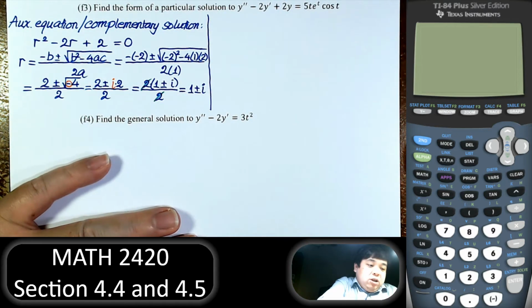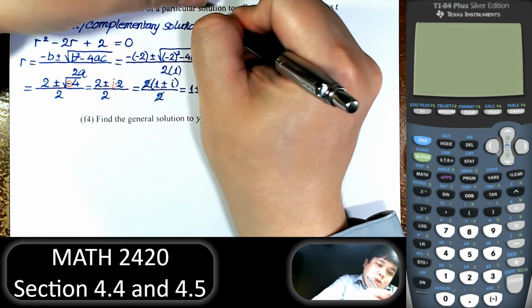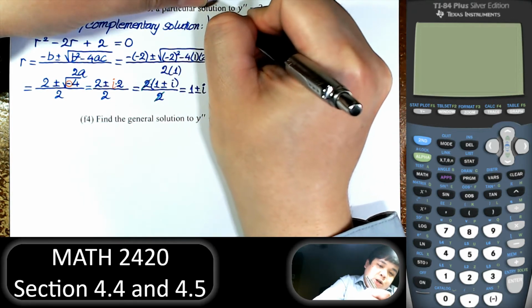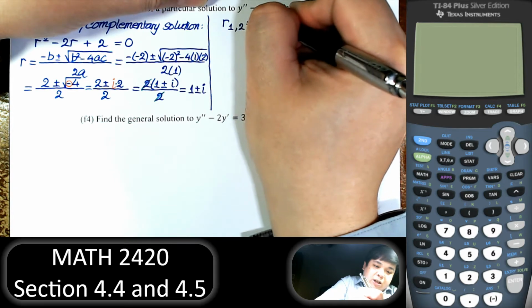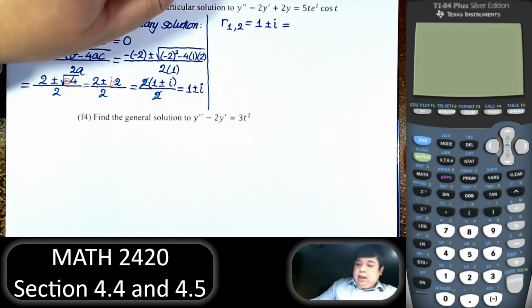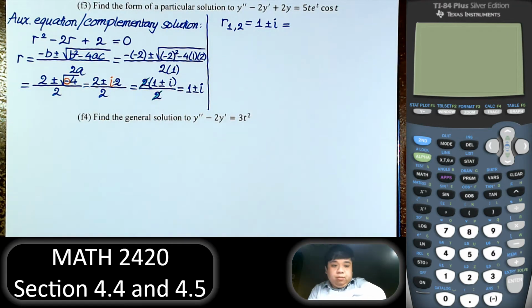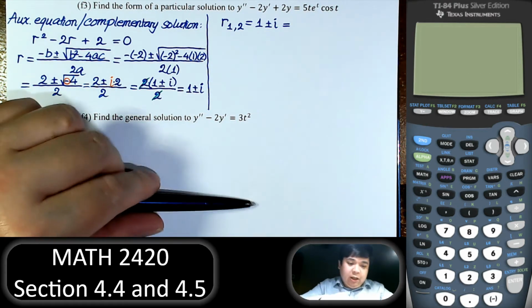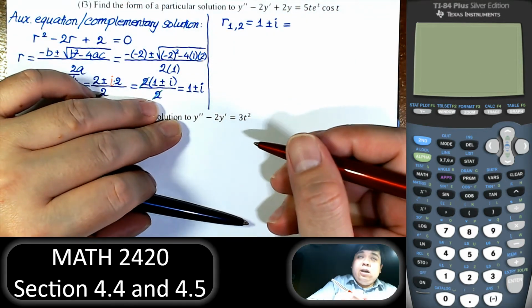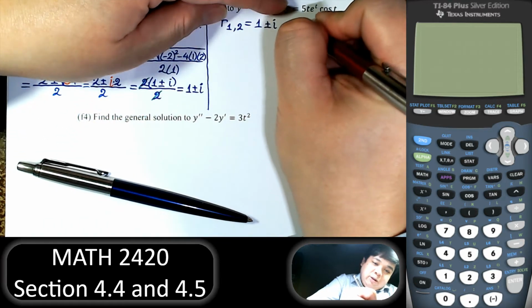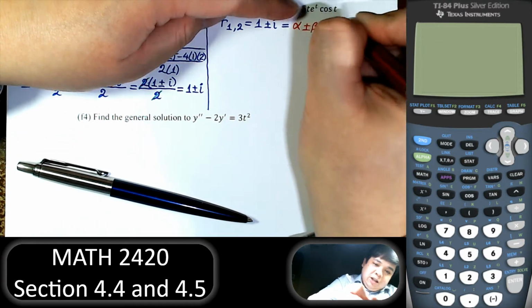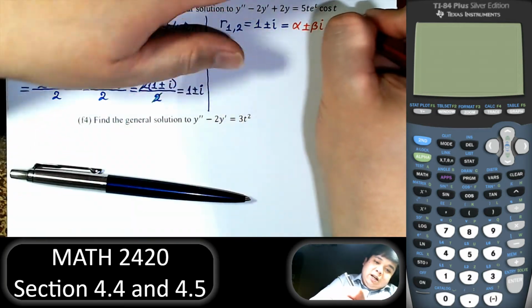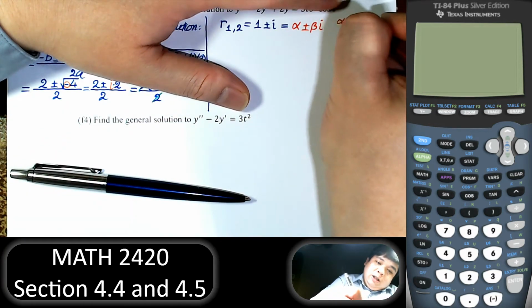Right, now this is a complex solution, right? So we say r1,2 is 1 plus or minus i, which in the complex form alpha plus or minus beta i means alpha is 1 and beta is 1.